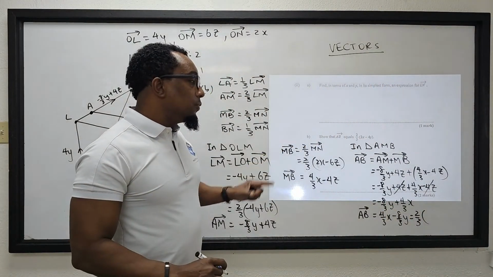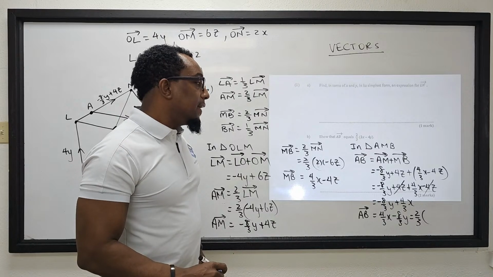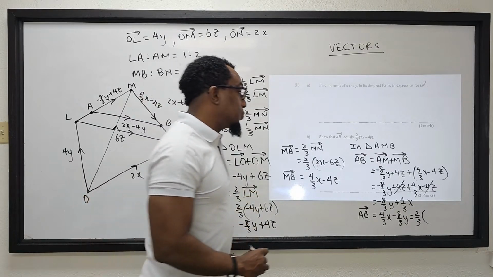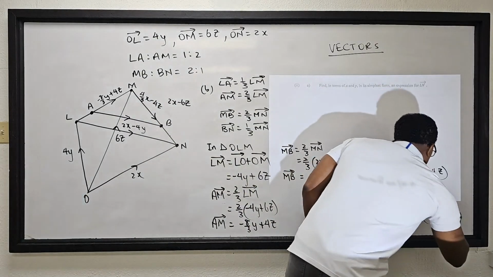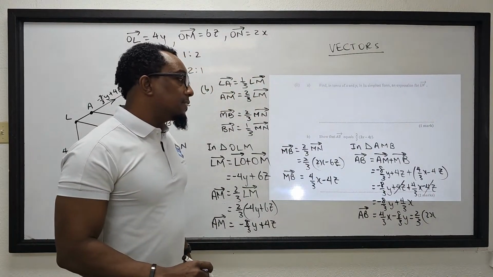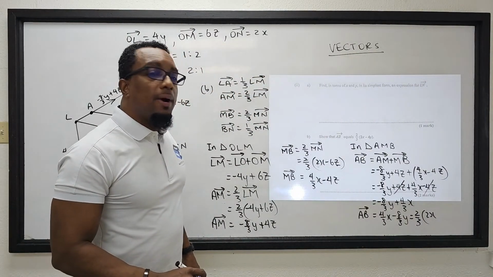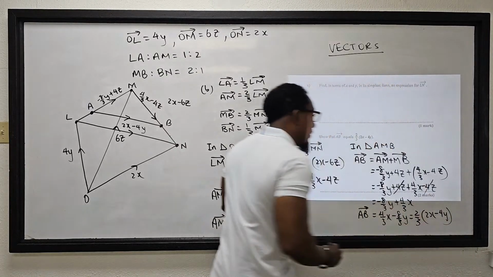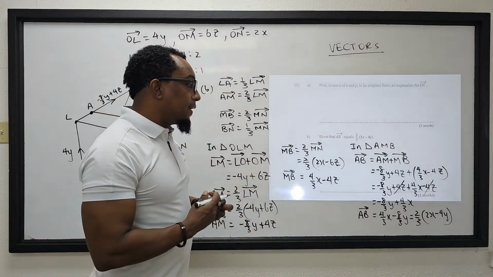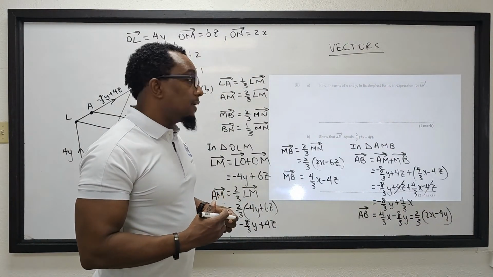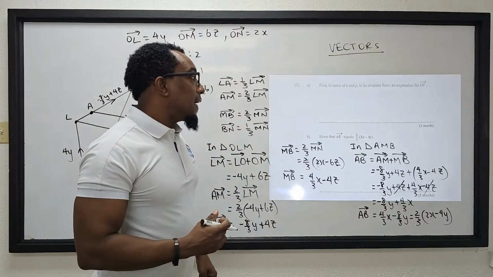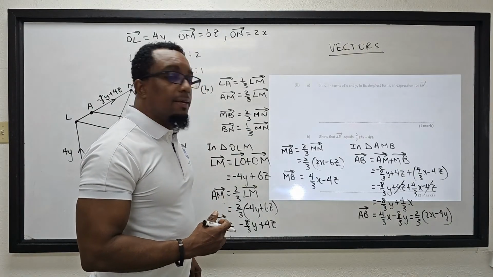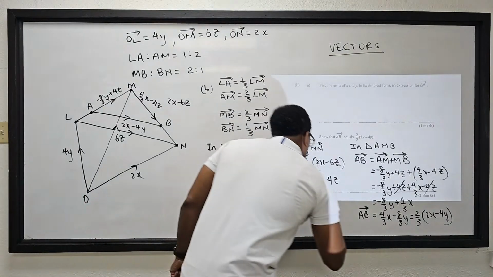When I divide 2/3 into 4 over 3x, I'm going to get 2x. And when I divide 2/3 into negative 8 over 3y, I'm going to get negative 4y. So by factorizing the expression for AB, we show that AB is equal to what we have here. And we can write at the end, hence shown.